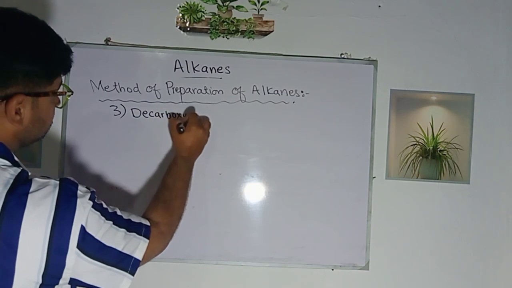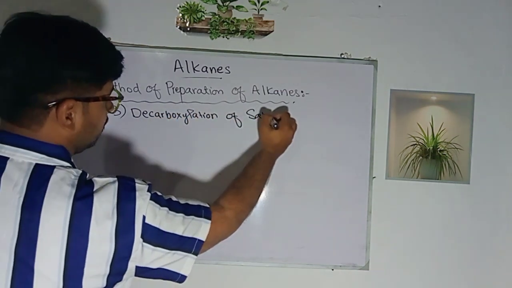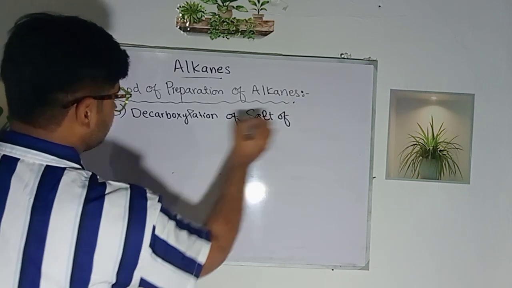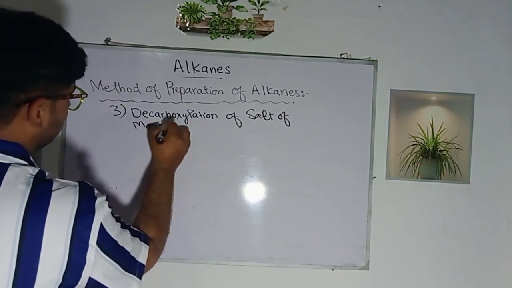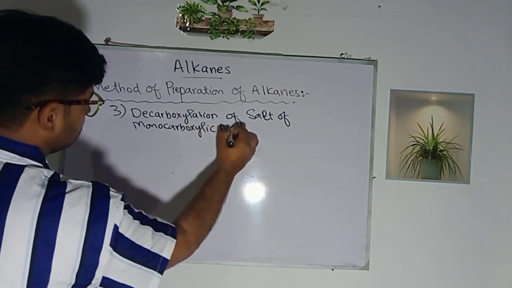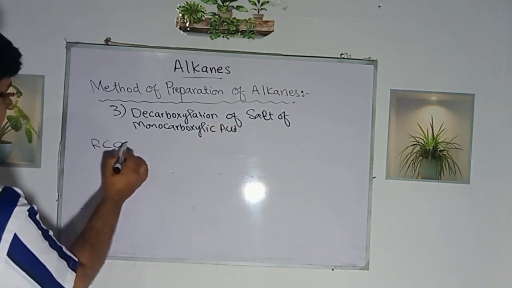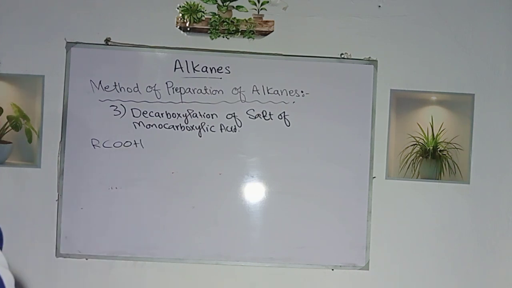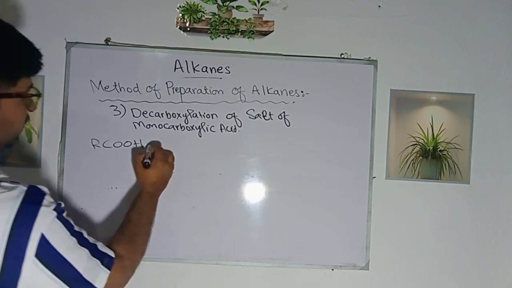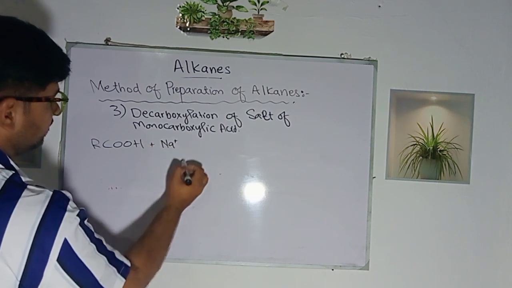Decarboxylation of salt of monocarboxylic acid. Now you know that monocarboxylic acid can be any compound with COOH group, and it can form salt with any metal ion.